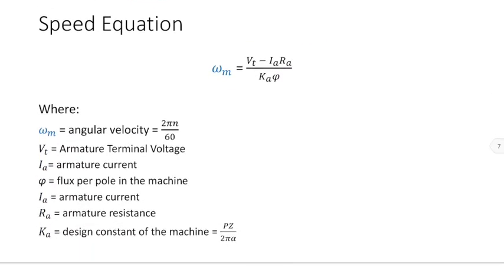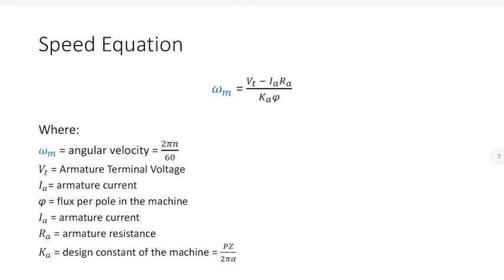Then we also have the speed equation. Our speed equation here is in terms of omega m, or the angular velocity, from which we can obtain n, or the speed of rotation of our DC machine. This equation, class, is assumed as a motor. Why as a motor?